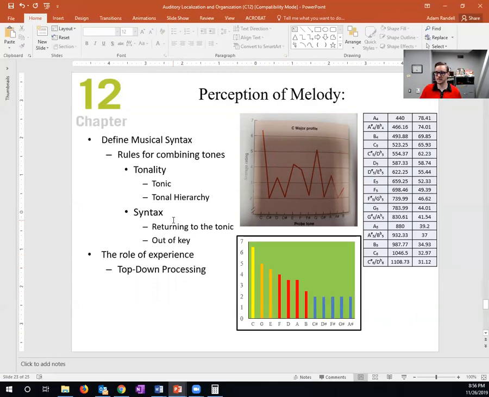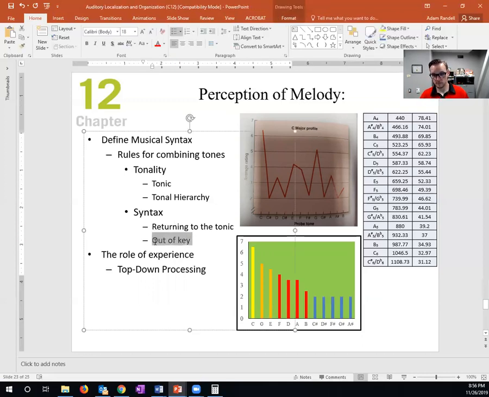So we know that part of the syntax is that people think that only appropriate sounds in the scale should be played as part of the scale. If you played a note that's out of the scale, people tend to consider that as weird. They perceive that as out of place.